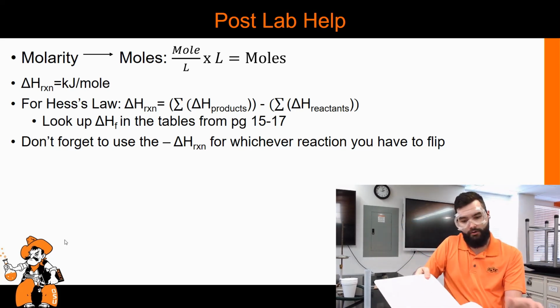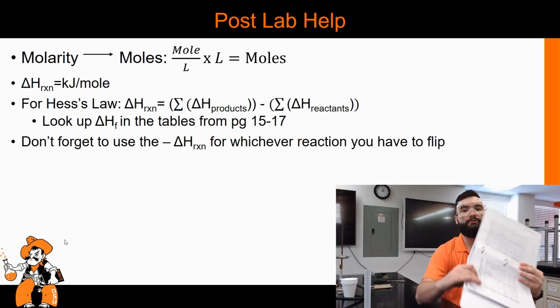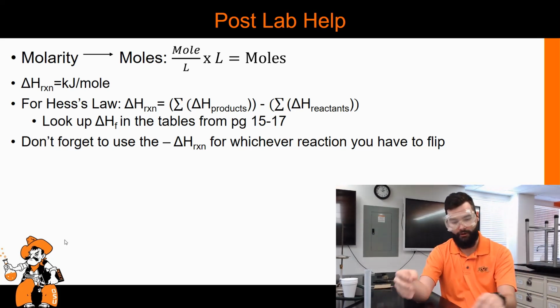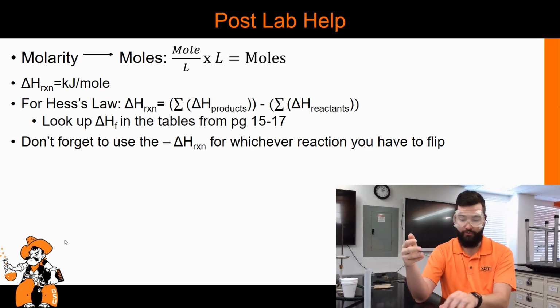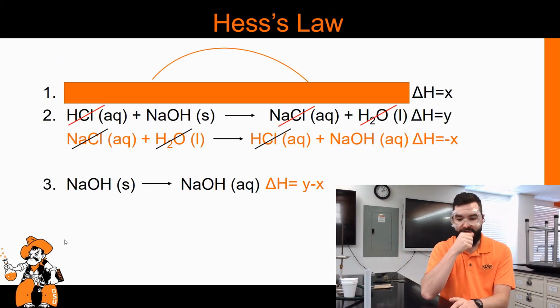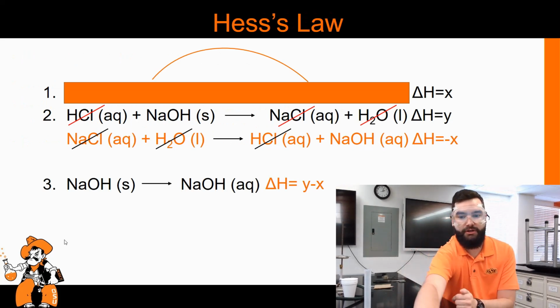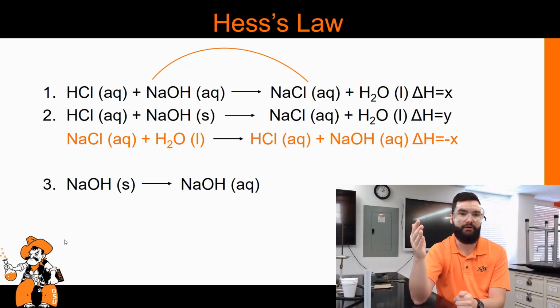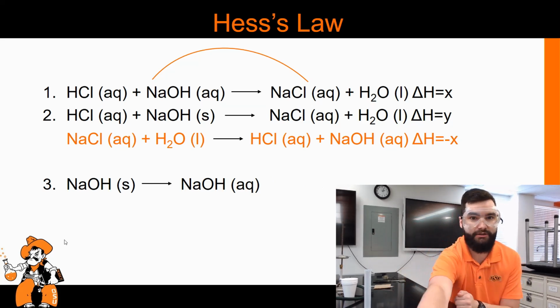So those values are given to you in this table on pages 10-15 through 10-17. So you need to figure out the delta H of the reaction for equation number 1, which is aqueous plus aqueous. You also need to figure out the delta H of the reaction for equation number 2, which is aqueous plus solid. And then you need to figure out the overall delta H via this form here.